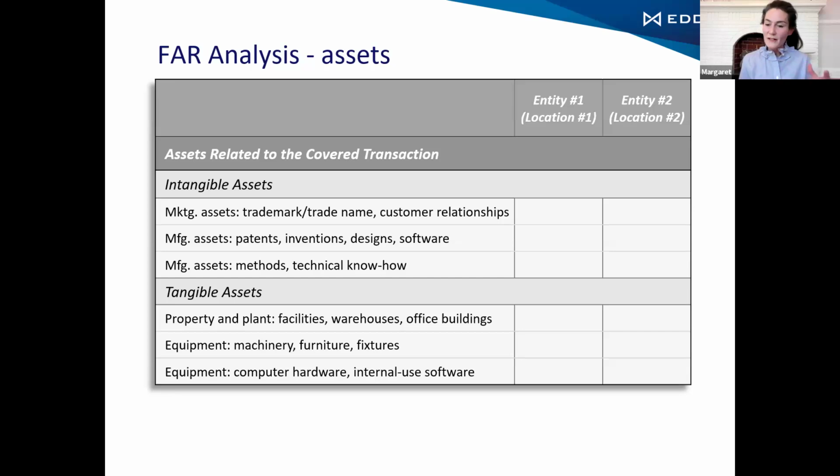Before we would even start a discussion with a client, we would send them this chart. But along with the chart, we would have definitions of all the functions and all the risks, because part of the issue when you're dealing with clients is that the language of transfer pricing is a little bit different than your everyday language.